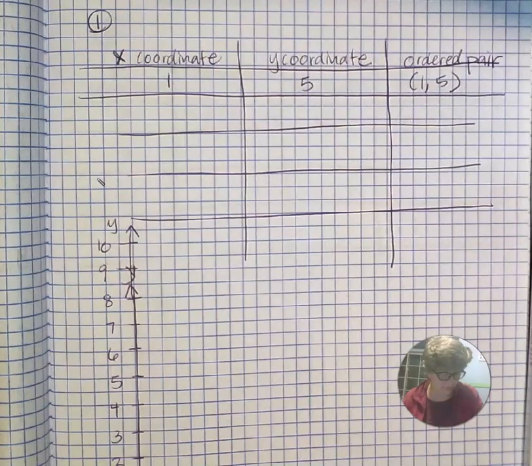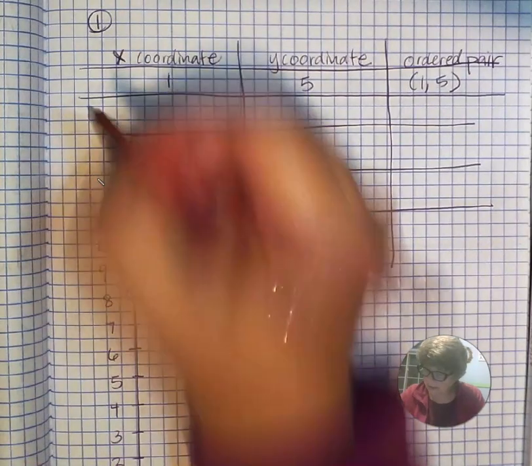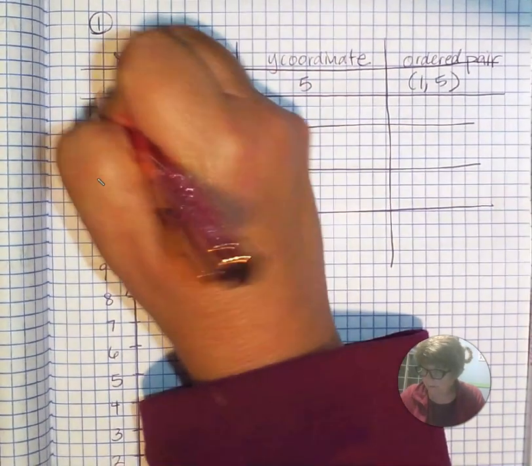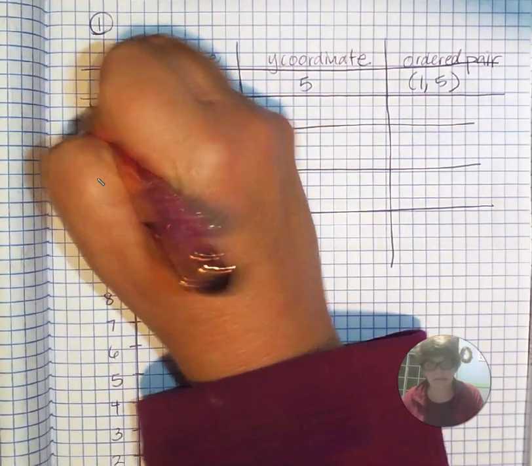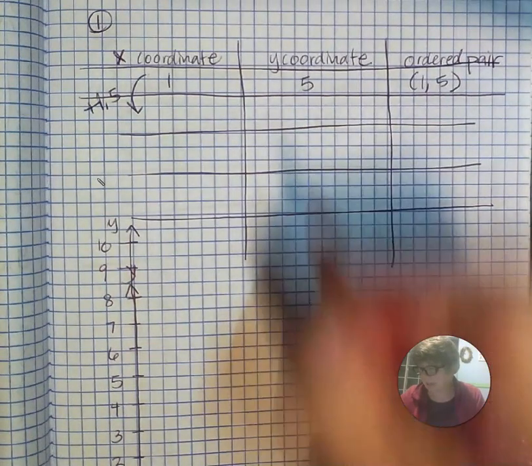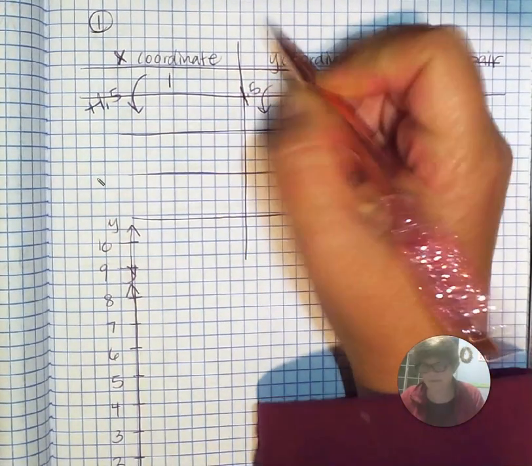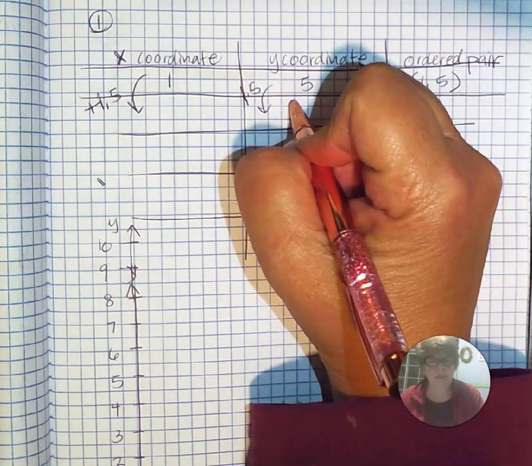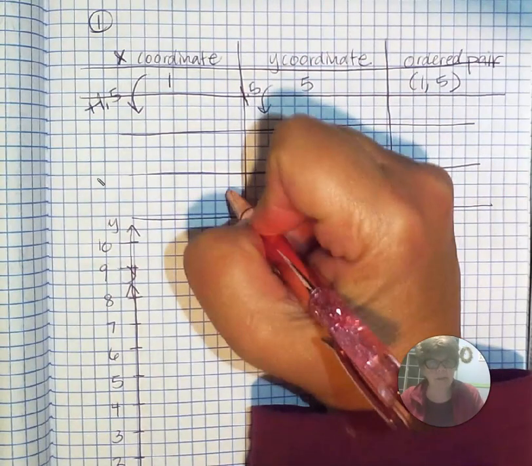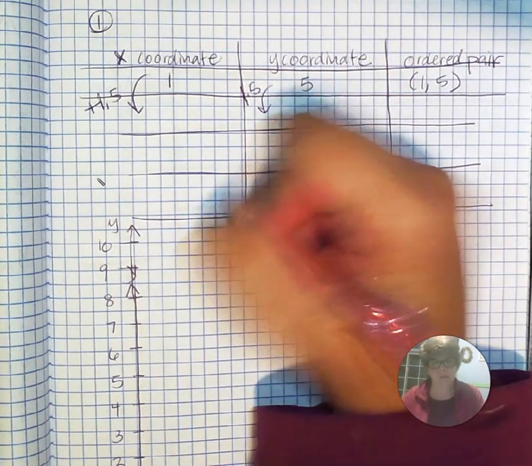We're adding 1 5/10 to the x and 1 5/10 to the y, not the difference between them, but the rule for the pattern in the x-coordinate and the y-coordinate.